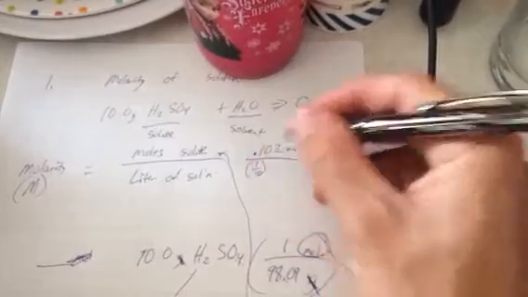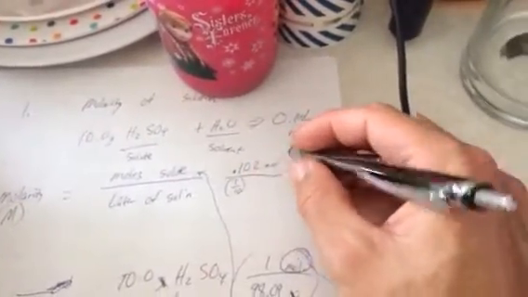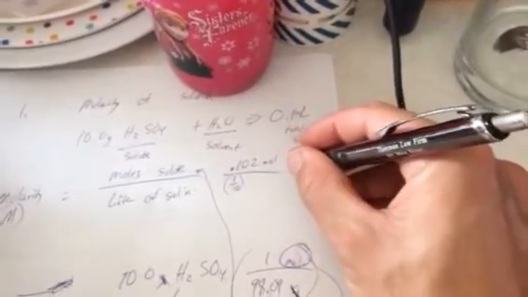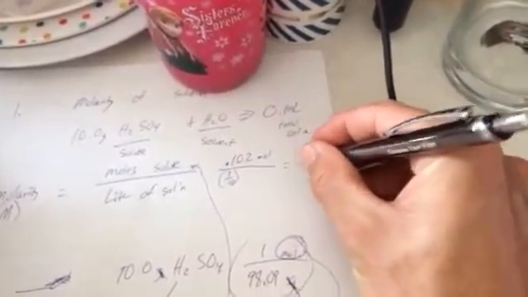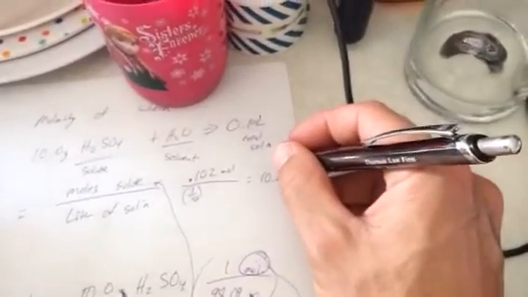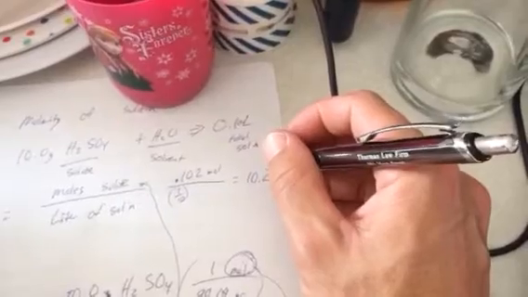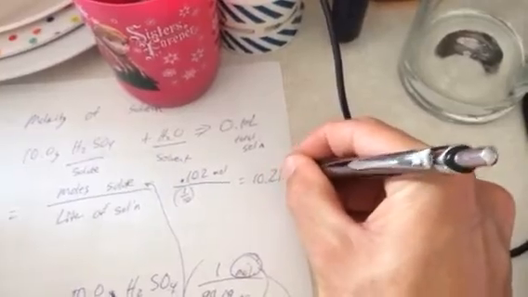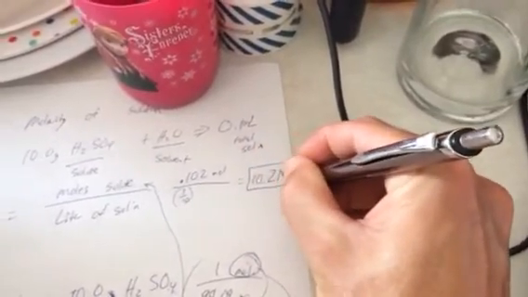Dividing by 1/10 is the same thing as multiplying by 10, or you can put this into your calculator. 0.102 times 10 is 10.2, and that right there is your answer. That is the molarity of your solution. So it's 10.2 molar, and let's box our answer so we make sure we see it.